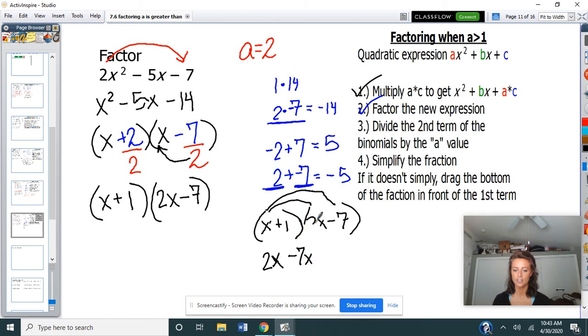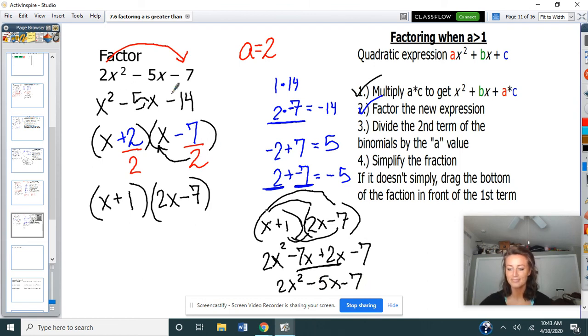Sorry, it's all disappeared. 1 times 2x is 2x, and 1 times negative 7 is negative 7. You combine the middle terms. x times 2x is 2x squared. This adds to be negative 5x, and you bring down the minus 7. And this does match the original problem. And that's it.